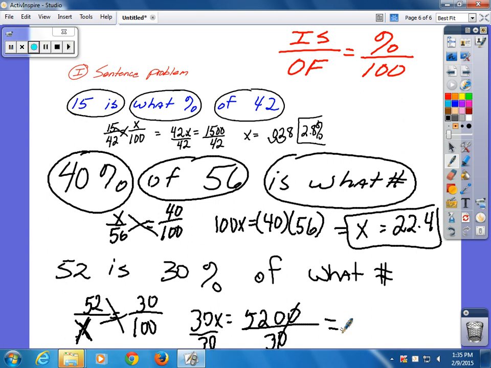I done lost it. But anyway, 3 will go in there 1 time. So 173.3. So 52 is 30% of 173.